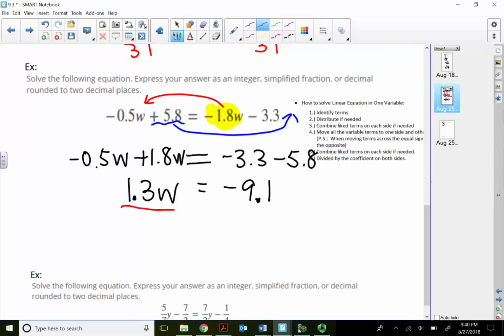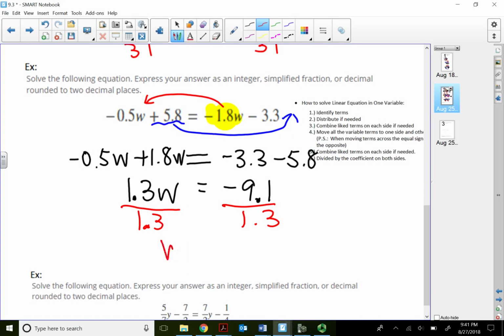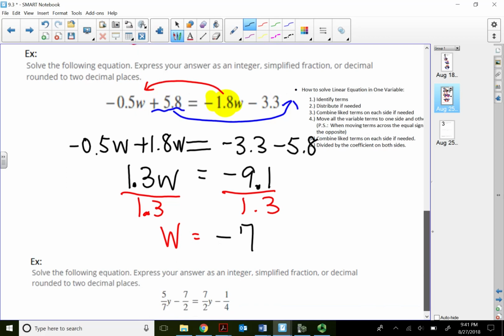Let's divide both sides by the coefficient 1.3. With negative 9.1 on my calculator, I can just press divide 1.3. ANS stands for the answer from the previous line in the calculator. There you go, w equal to negative 7. All right, that's all we do.